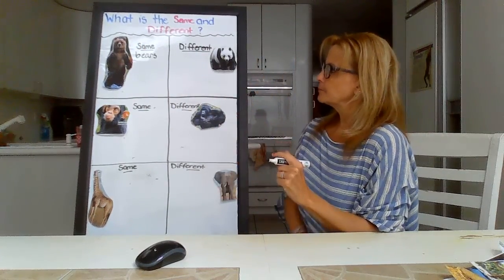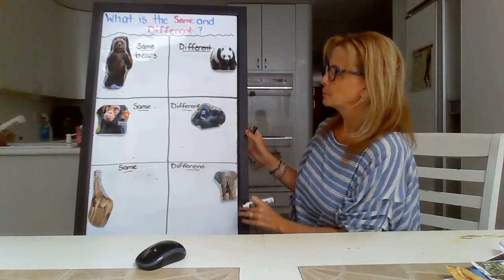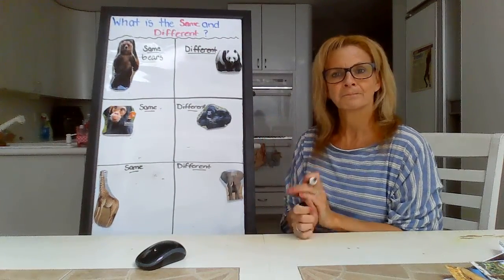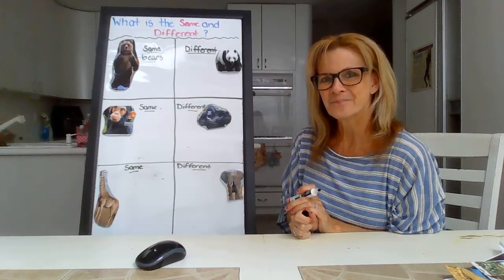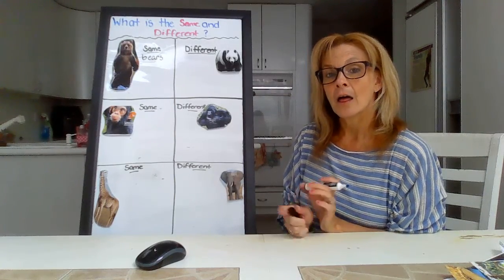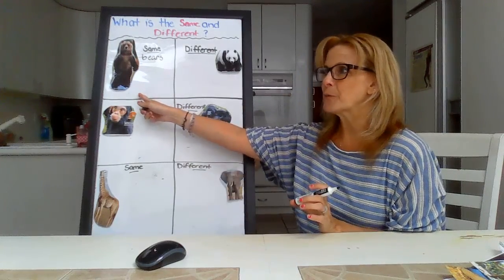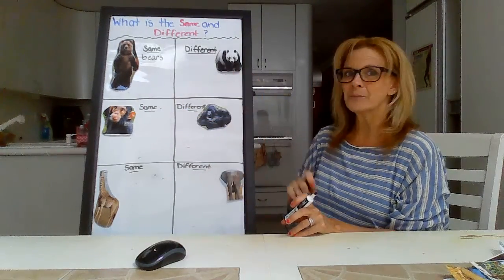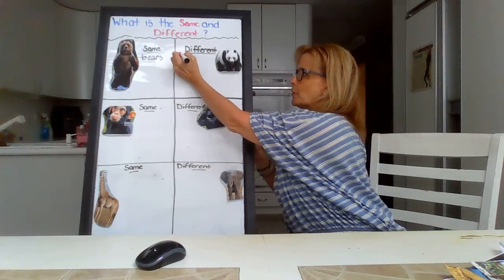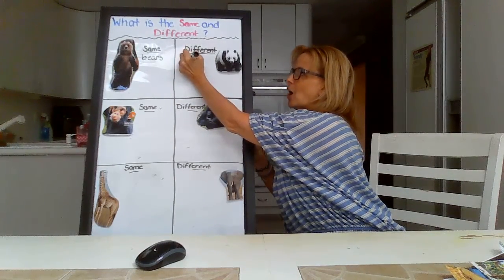What else? Are you thinking? Good. There is a difference. One is brown and one is black and white. So they are different colors.